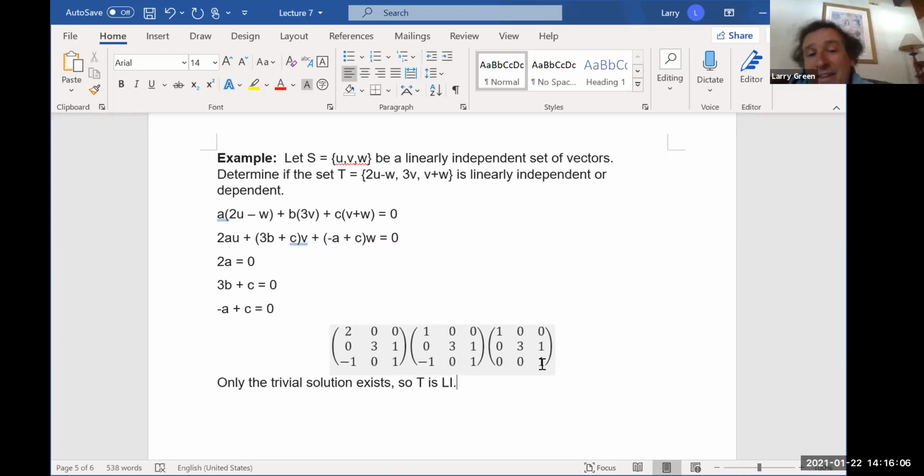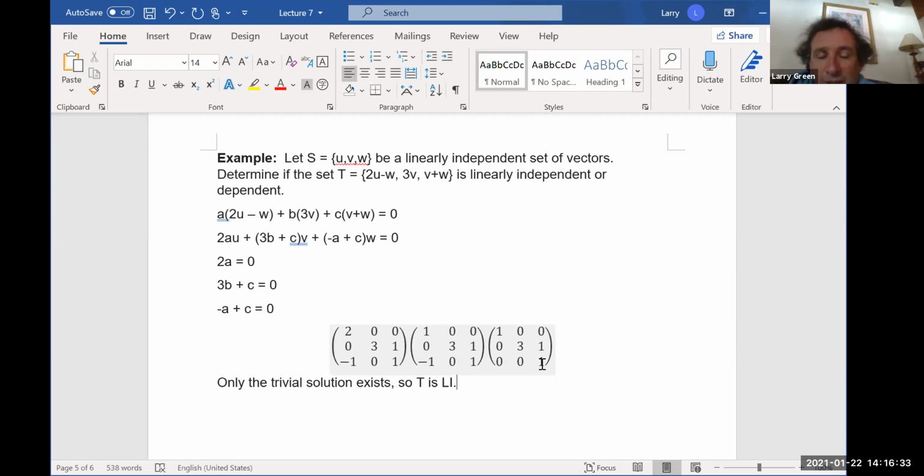I could even use some theorems and say, what's the determinant of this matrix? It's 3. Not the original matrix, but the point is 3 is not 0. So the determinant is not 0. So by the TFAE theorem, A is invertible, because we have a square matrix here. The capital A is invertible.